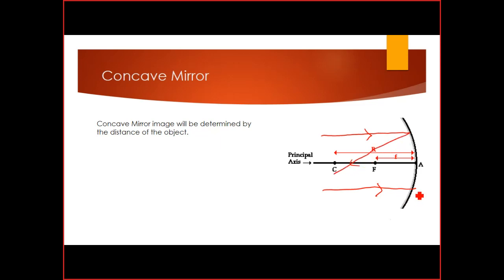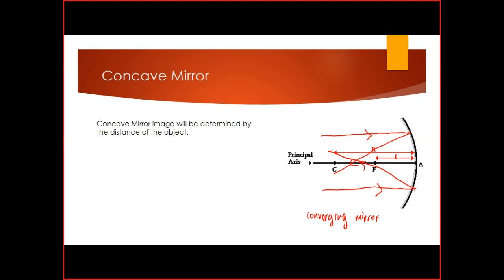This is just some random light. This is called a converging mirror, meaning that the light ray is going to converge to a point.